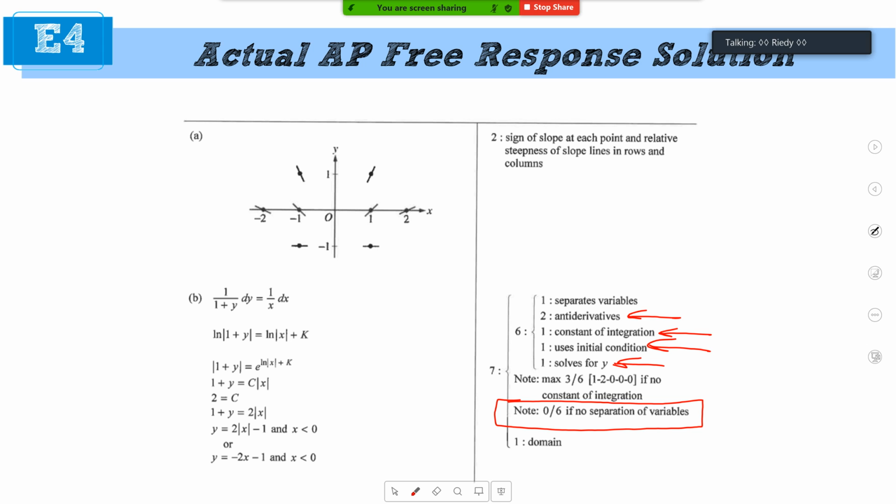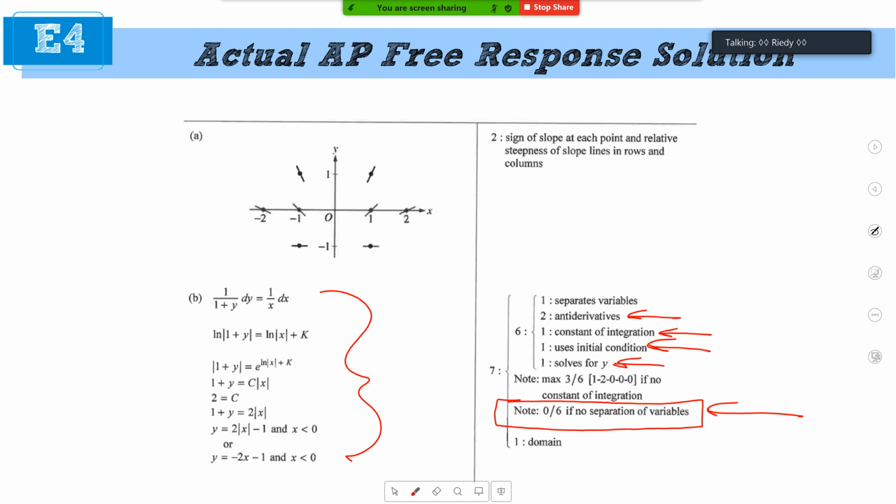9 points. 6 of those 9 points are from doing this part of the problem. And this is what I wanted to really talk about. If you don't separate those differentials, they're not going to read another lick past that.